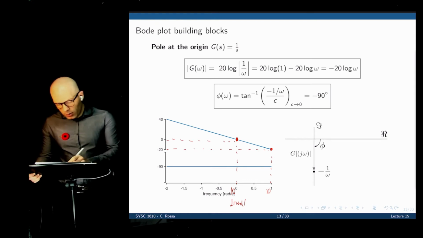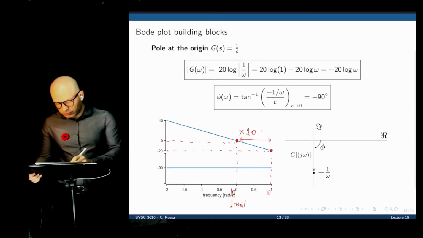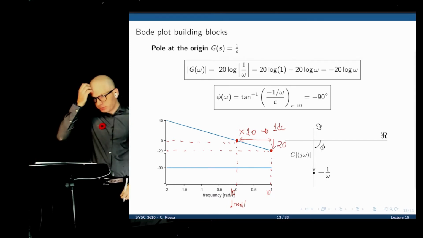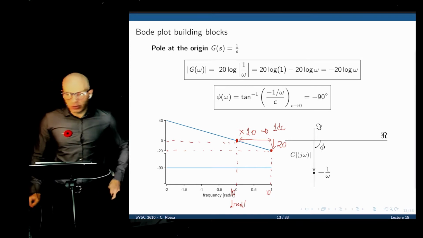So what happened? We moved in frequency by a factor of 10, by 1 decade, and the magnitude went down by 20 dB. So the slope is negative 20 dB per decade.